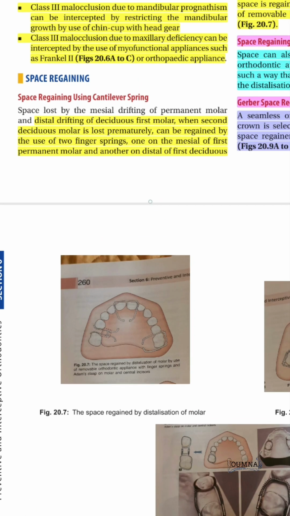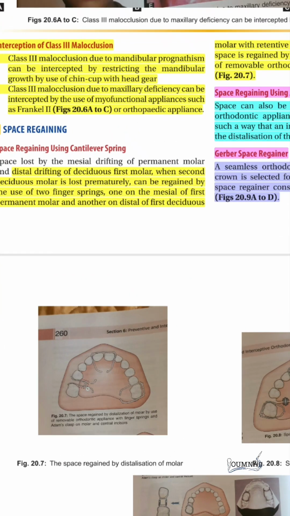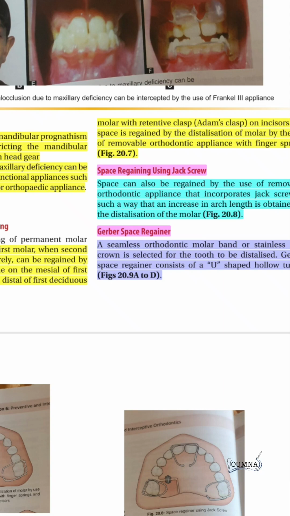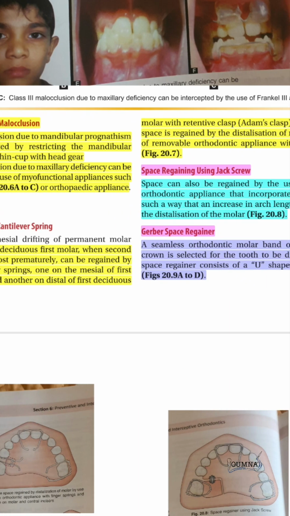When there is an early loss of the second premolar, a distal shift of the deciduous first molar happens, and we can regain this space by using a two finger springs, one on the mesial of the first permanent molar and the other on the distal of the first deciduous molar, and we use retentive Adams clasp on the molar of the other side and the anterior teeth.